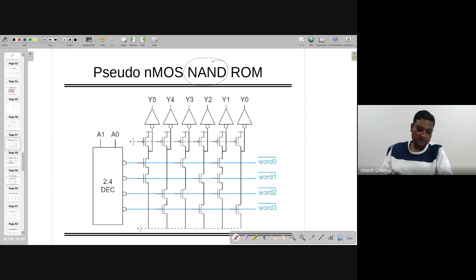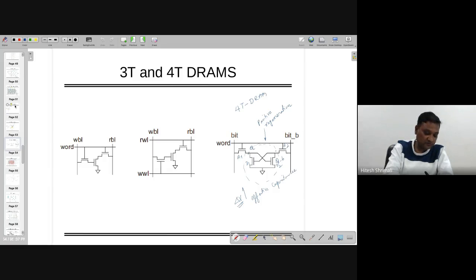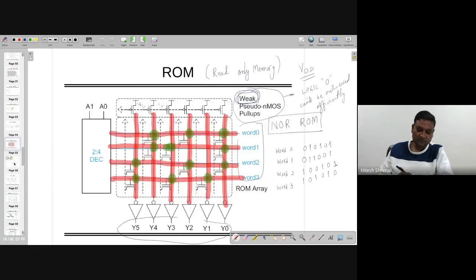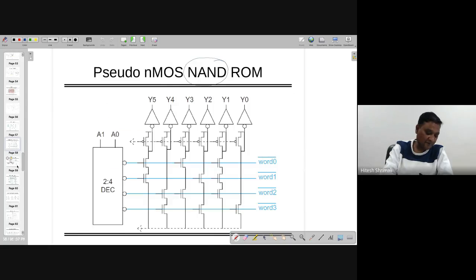The name itself reveals that in the case of NOR, all the transistors are in parallel. So here all the transistors were in parallel, so you are making the NOR ROM, and in this case, when the transistors are in series, you are making something called NAND, because the output you are going to take from here is the AND of many transistors.